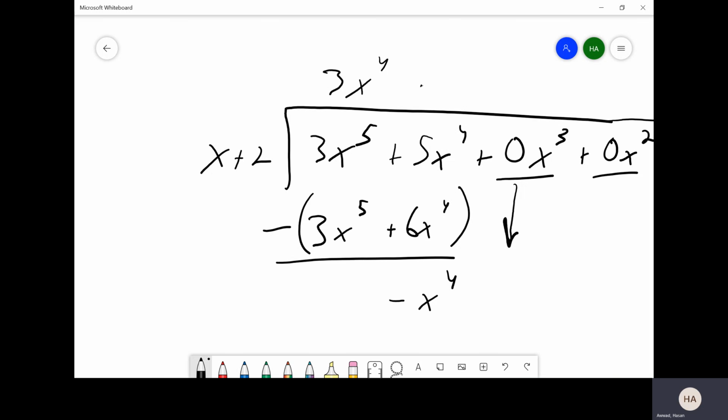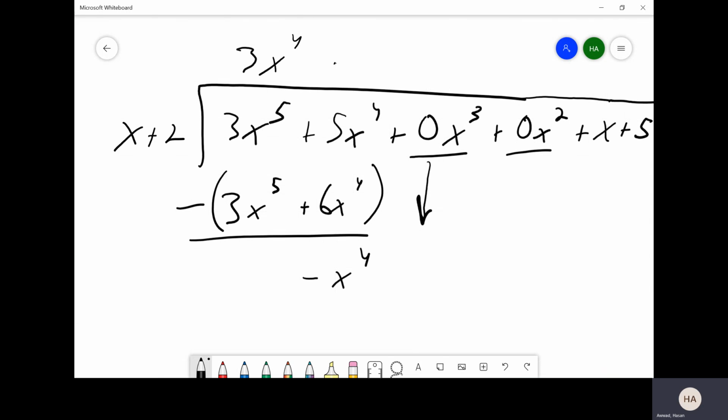It's 3x to the 5th and a 6x to the 4th. So we're subtracting two terms at a time because our divisor is two terms. So we need to always make sure that we have not one term, but two terms. So we pull down the 0x cubed because we need two terms. So plus 0x cubed.